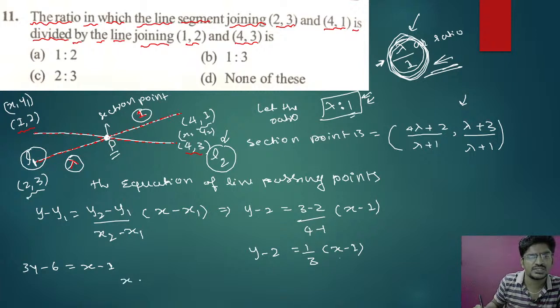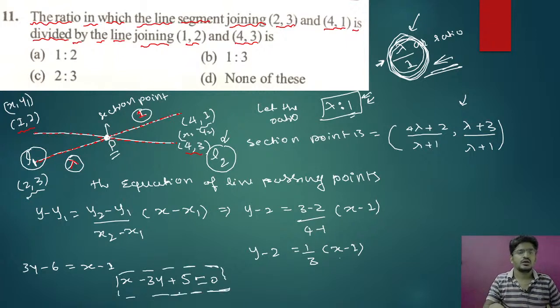So that will be x minus 3y plus 5 equal to 0. See this: x minus 3y plus 5 equal to 0 will be your equation of line 2. Clear?